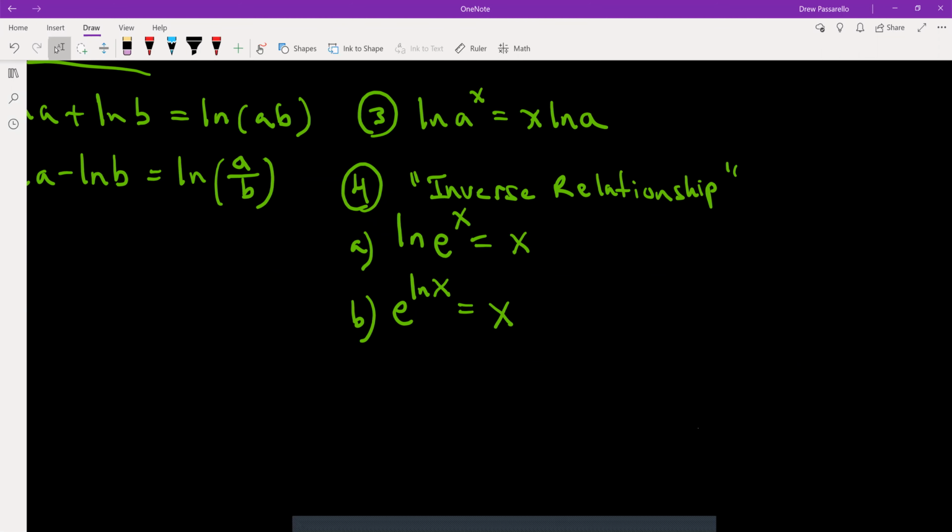This is the inverse relationship between ln and e, is that if you apply each function with the other one, you get back the input x. So these are crucial. They rely on inverse functions.